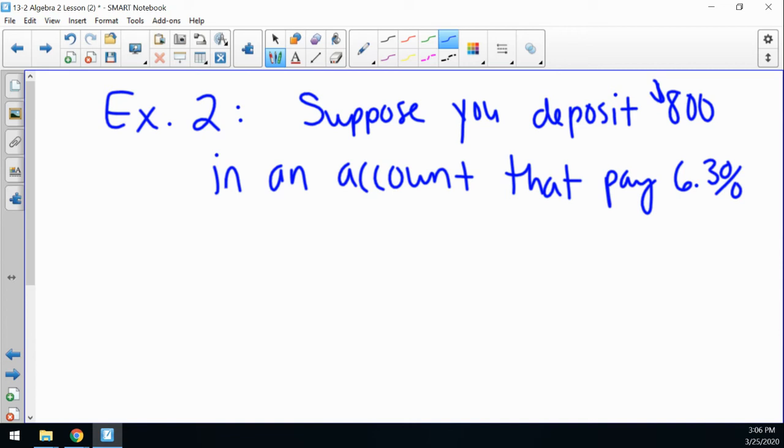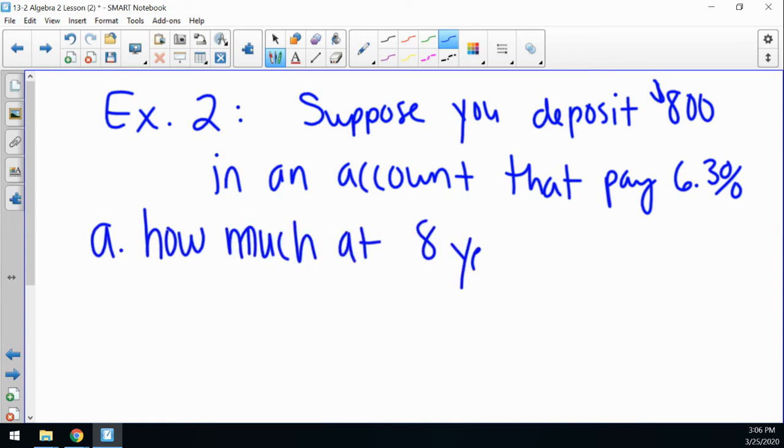How much do you have after 8 years? We're going to look at it a couple different ways. First, how much after 8 years compounded continuously.